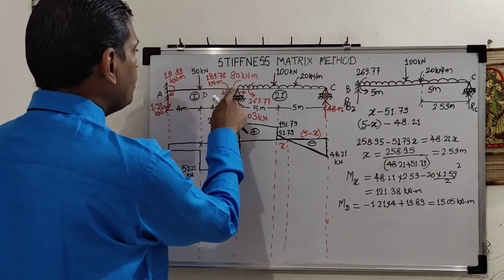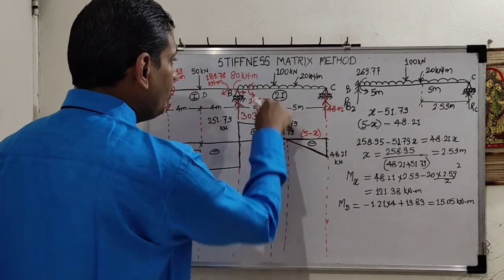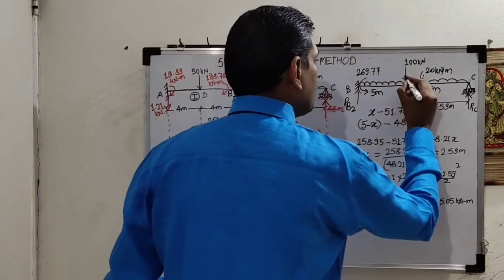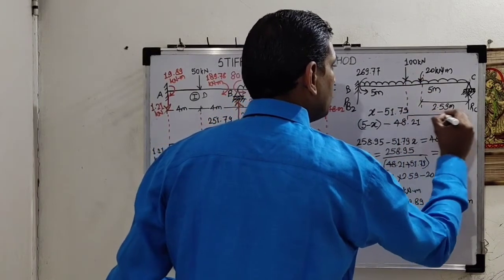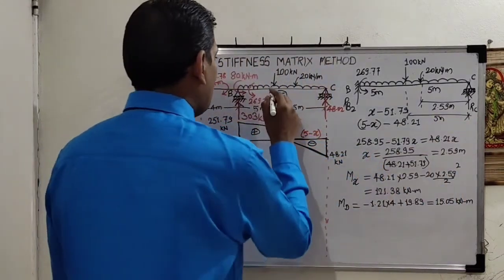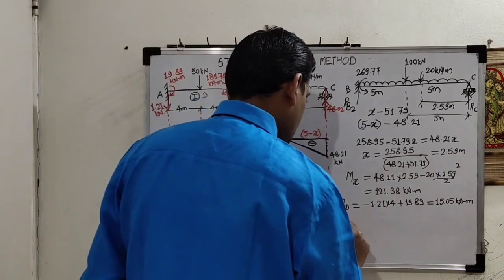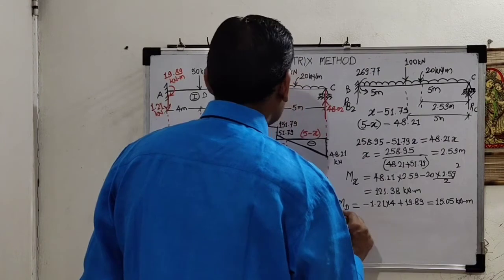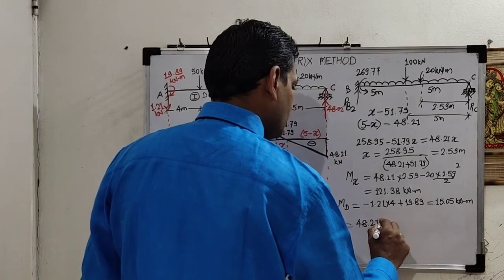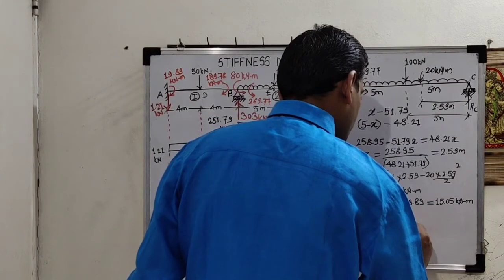Okay. So here moment value we know. Here we have calculated. Here also we need to calculate. So again take section for this 5 meter. So we shall say ME. So 48.21 into 5 minus 20 into 5 square by 2.